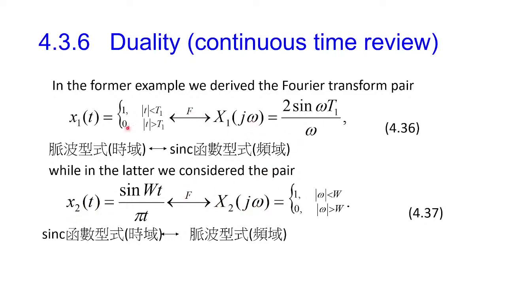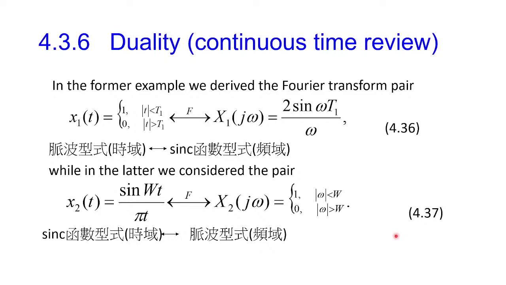You can see that a square wave function in the time domain is transformed to a sinc function in the frequency domain. Then you can reverse the roles: you put a sinc function in the time domain, and it will transform to a block function in the frequency domain.